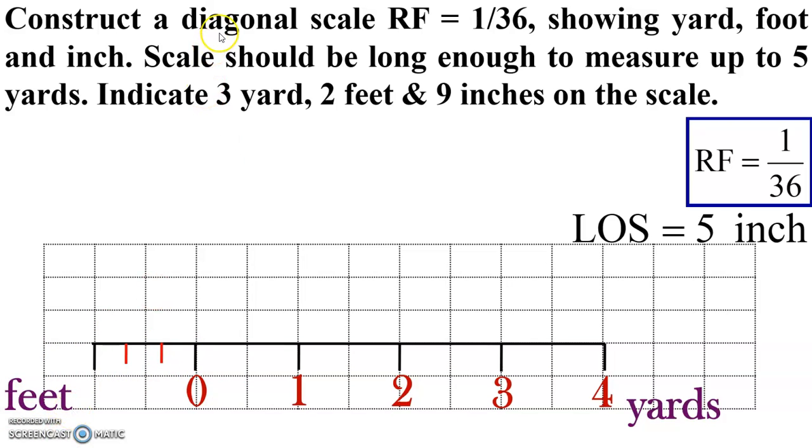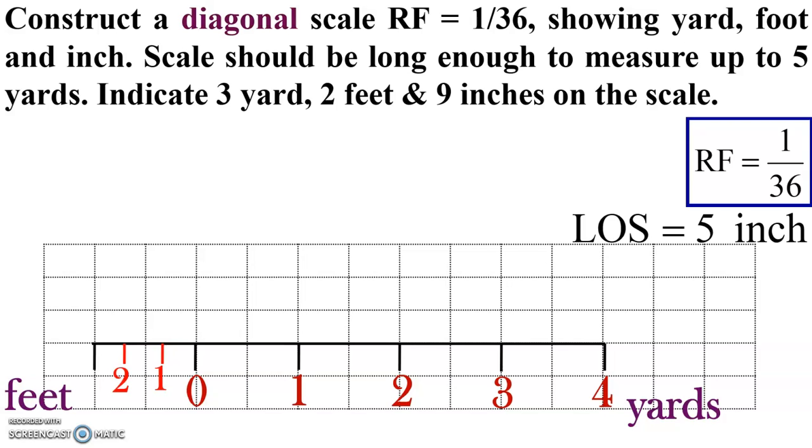Now as it is a diagonal scale, we have to represent another unit also, which is the inch. To represent the third unit, inch, we have to draw some lines. What line do we have to draw, and at what place? Yes, we have to draw a vertical line from the left hand side last division.